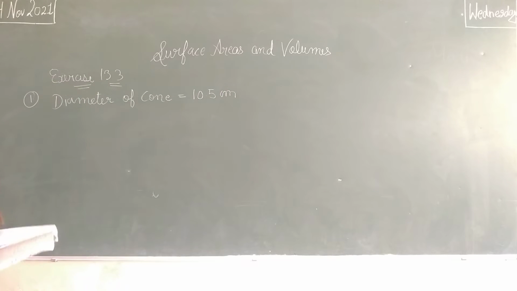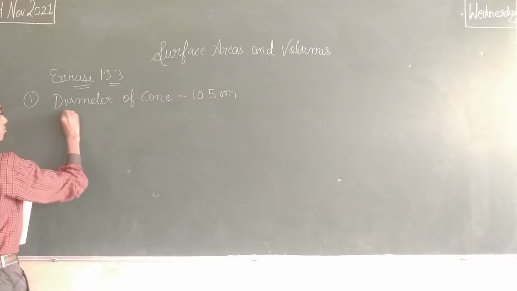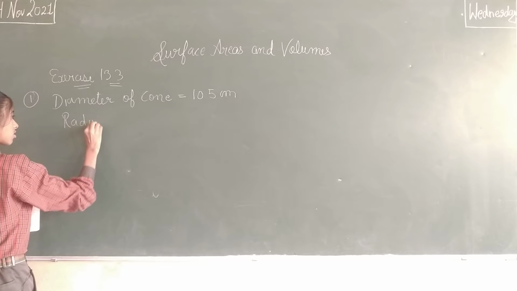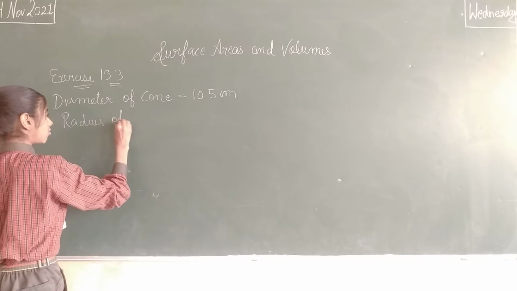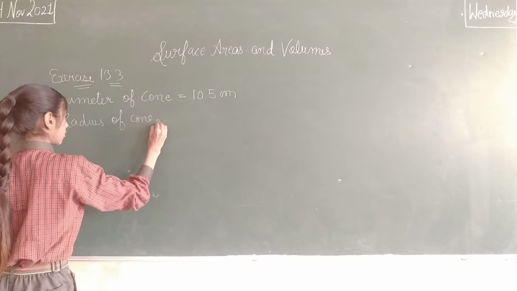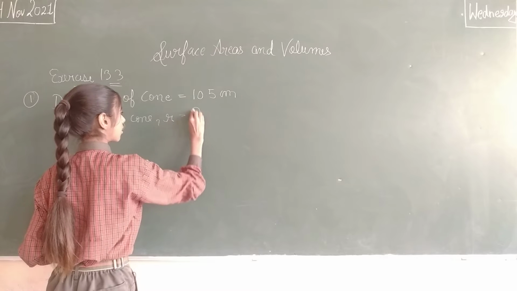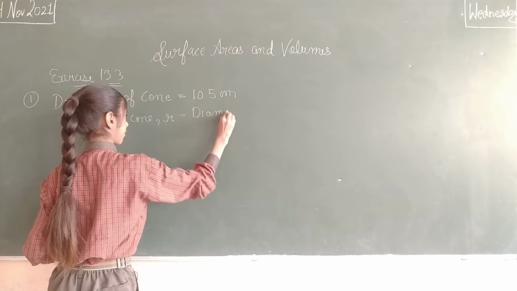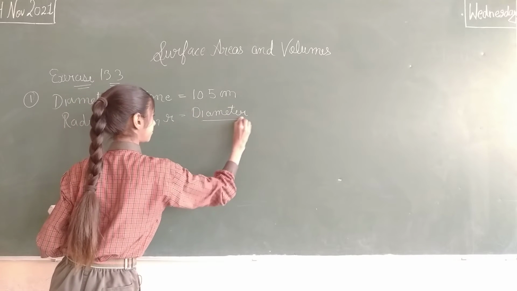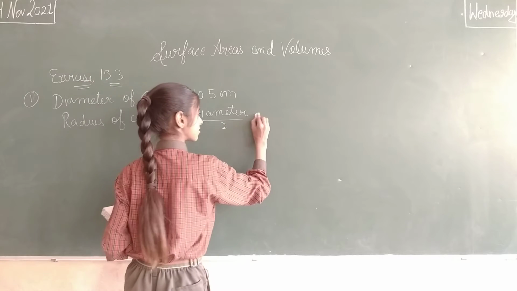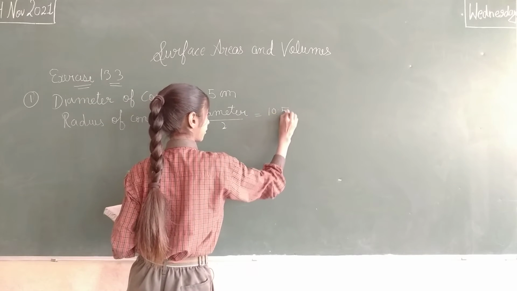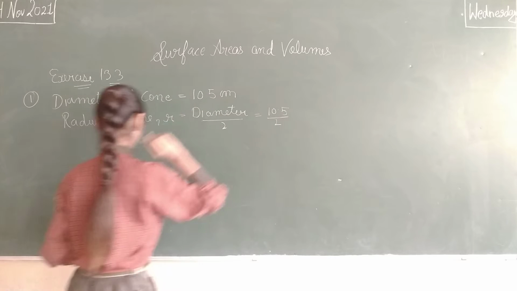So by diameter we can find the radius. The radius of the cone, represented by small r, will be half of the diameter, which means 10.5 divided by 2.